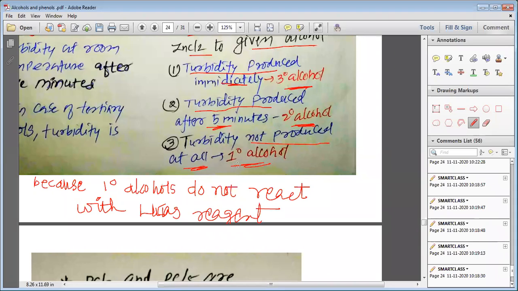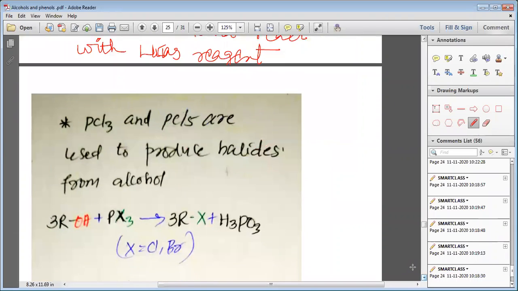So as primary alcohols do not react with the Lucas reagent, they do not produce any kind of turbidity.